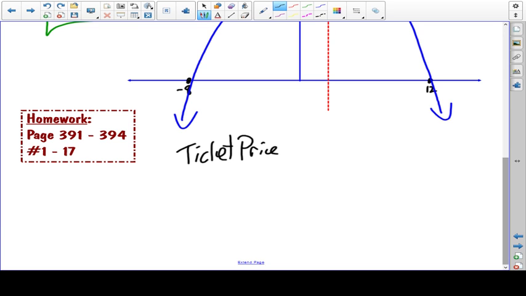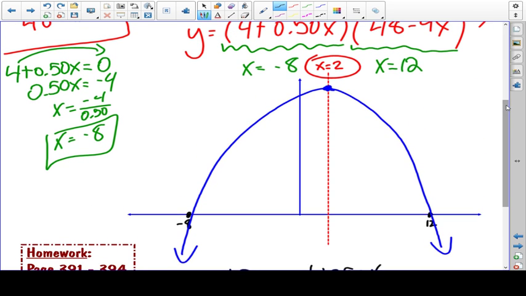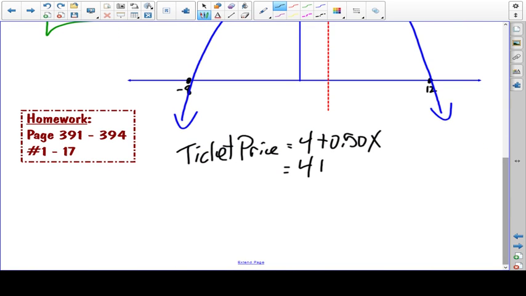And x equals 2 maximizes the revenue because this is where the axis of symmetry is, so I can plug 2 into this. If I plug 2 in, what ticket price maximizes the revenue? $5.